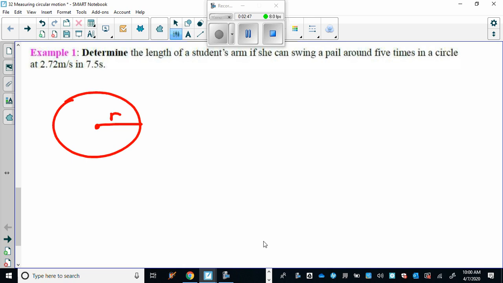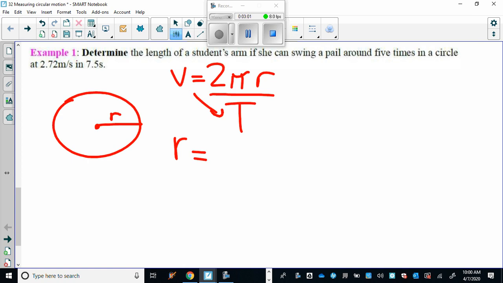That's what we want to determine. Here's our formula. We're solving for R. R equals, cross multiply, VT over 2 pi.